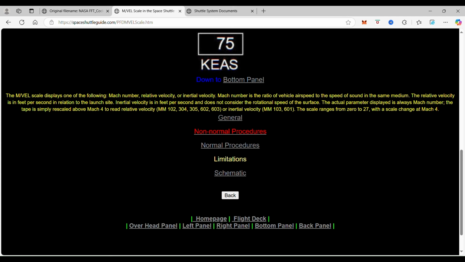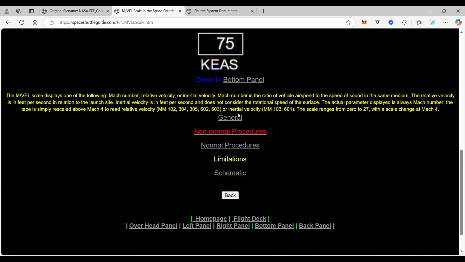The actual parameter displayed is always Mach number, and here is the big thing. The tape is simply rescaled above Mach 4 to read relative velocity for the major modes, and here we have 102, 304, 305, 602, and 603. These are for takeoff and for coming back into landing.